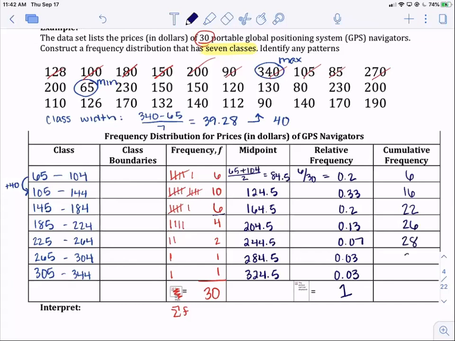Plus 1 is 29. And 1 again is 30. This number should always match your total frequency. Okay, it should always show your sample size.